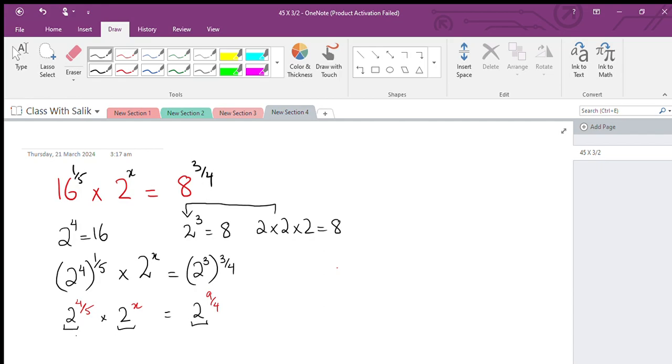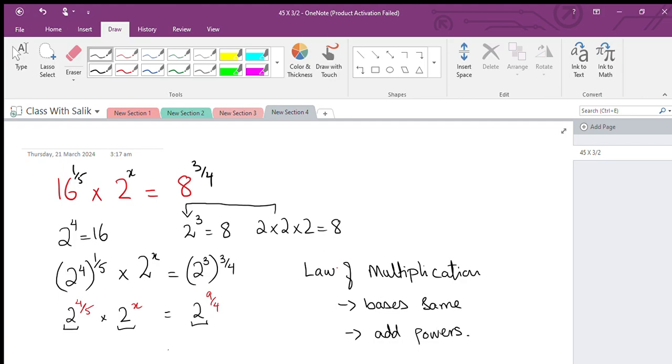We know that in indices we have the law of multiplication and the law of division. So in the law of multiplication, we should know that when our bases are the same, you can add the powers.